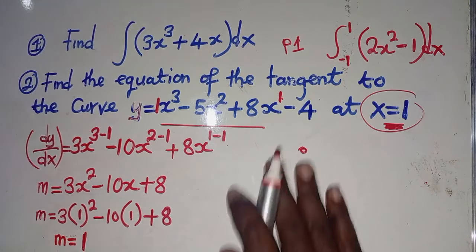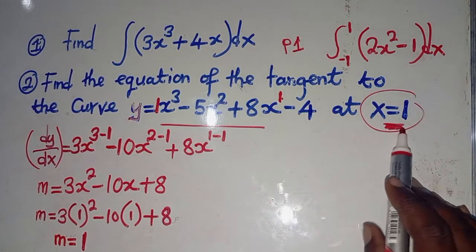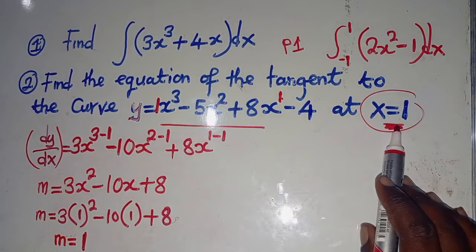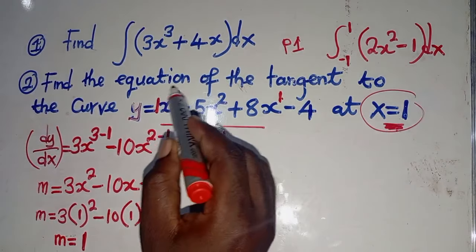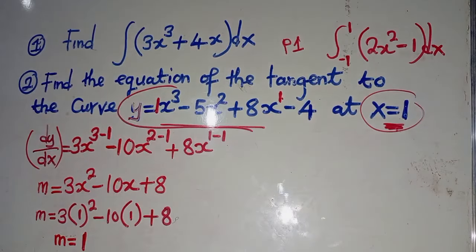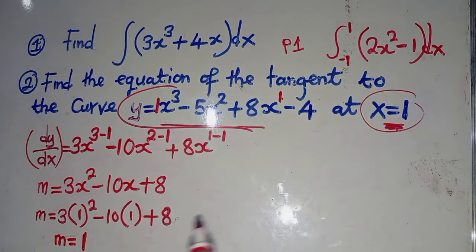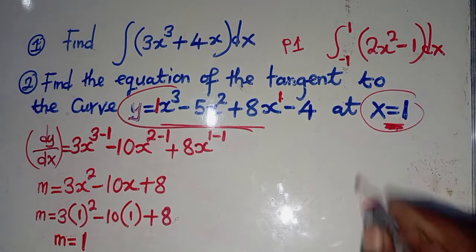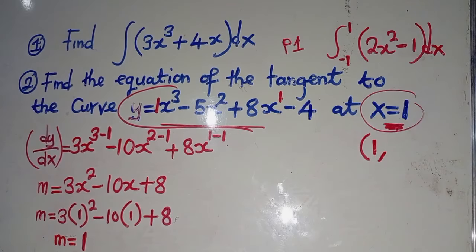That is our gradient. After finding the gradient 1, since we are given only the value for x, we need to know the value for y. You get the original equation, then where there is x, put 1, so that you find a pair. We need to have a coordinate. We've got 1, comma. Now what is the value for y?